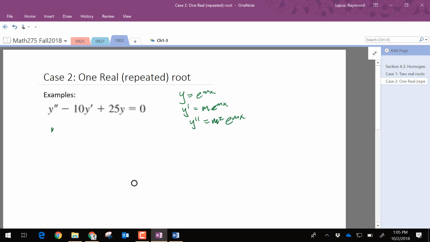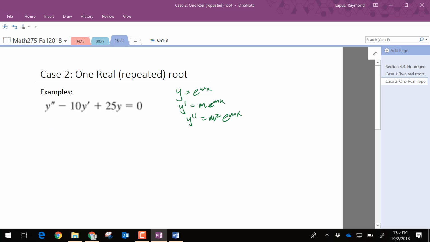We're going to get m squared e to the mx minus 10 m e to the mx, and then we have 25 e to the mx equals 0.